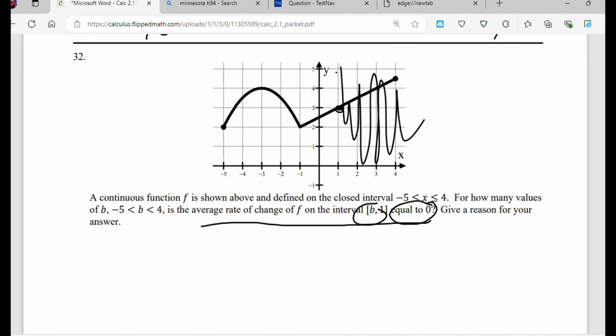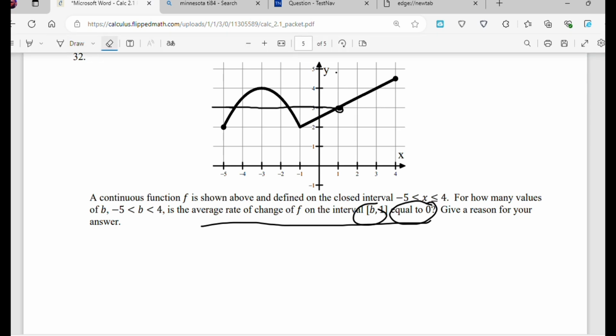Now, since 1 is one of the endpoints, we're going to draw a straight line, because our average rate of change is equal to 0. Okay? Now, I'm going to erase this stuff over here just because that was to show that that doesn't matter. What really does matter is these points right here.